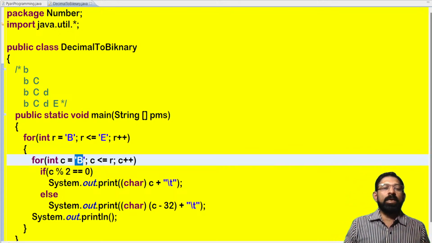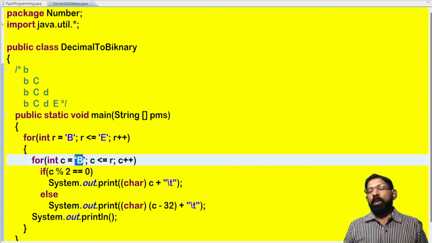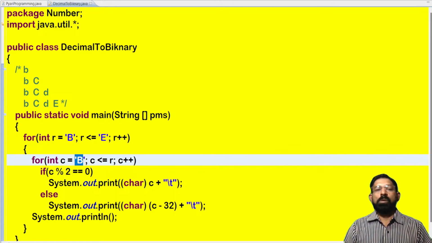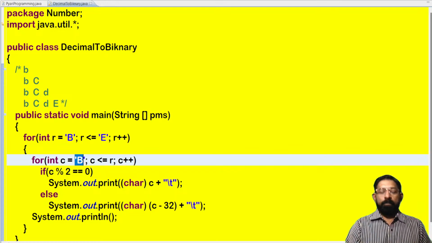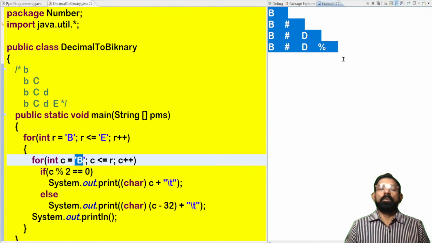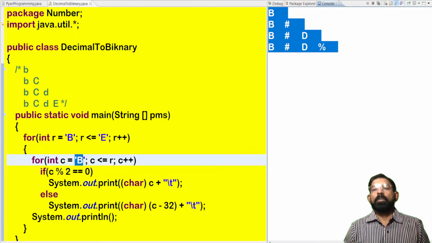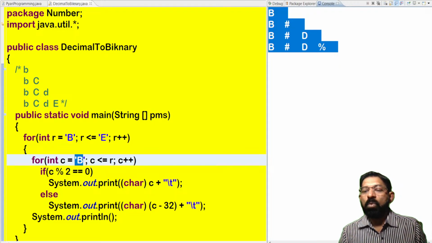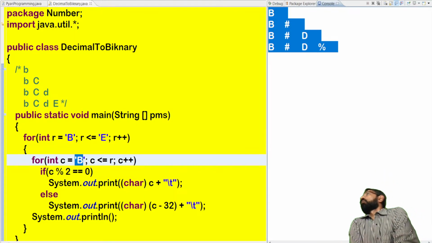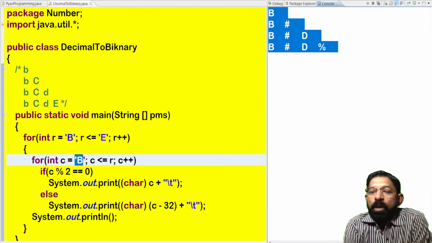I said necessary changes in the code. Lakshmi, necessary changes in the code. Okay, I am showing you. I am getting this output. Necessary changes in the code. Nobody? Already 10 beta. Quickly.